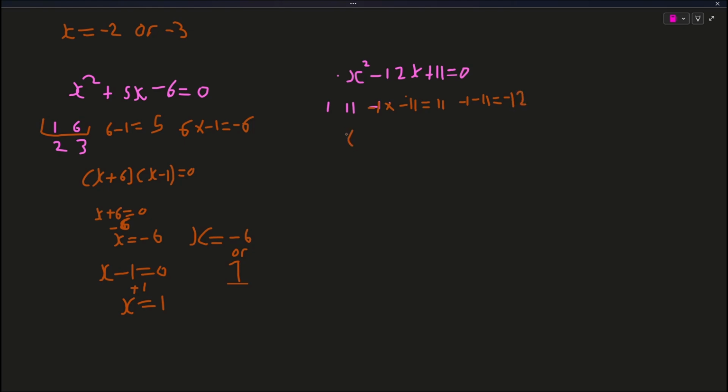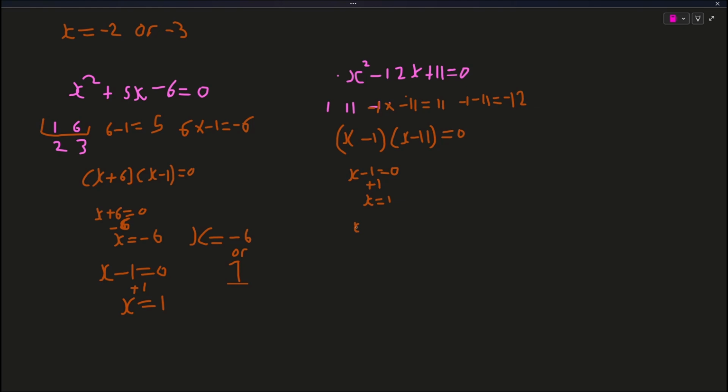So the factors are x minus 1, x minus 11. Equate that to 0. Now we want to find the solutions. So x minus 1 is equal to 0. Add 1 both sides, that gives x is equal to 1.